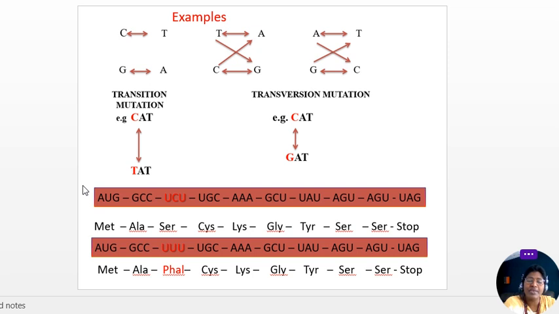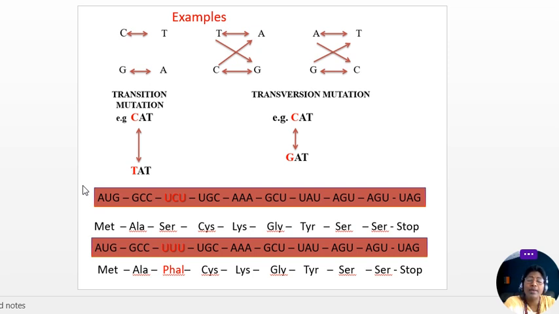For example, in the third codon, the second base in the normal messenger RNA is C. If it is substituted by U, we get UUU as the third codon in the mutated messenger RNA, which produces phenylalanine.